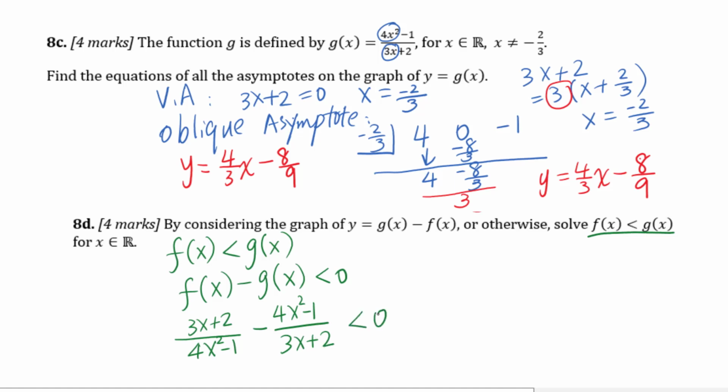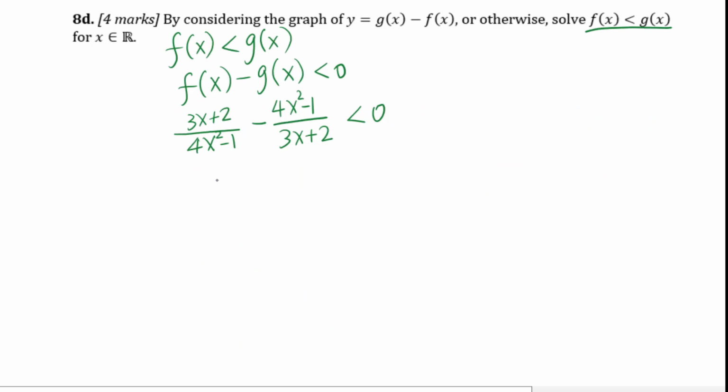less than 0. For this complicated rational inequality, we need to draw a sign diagram. We can figure out the vertical asymptote lines: x equals 1 over 2, negative 1 over 2, and negative 2 over 3.